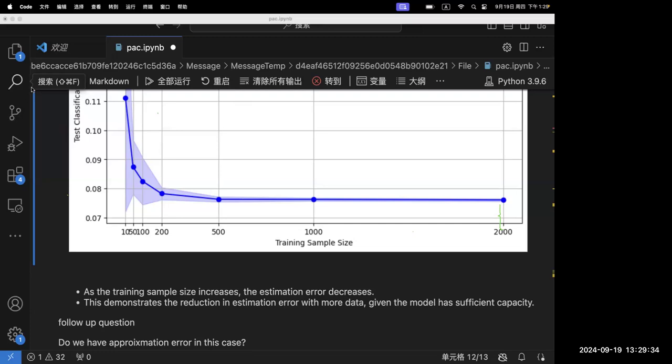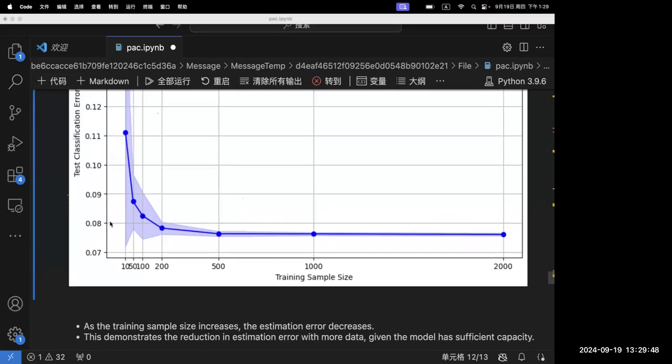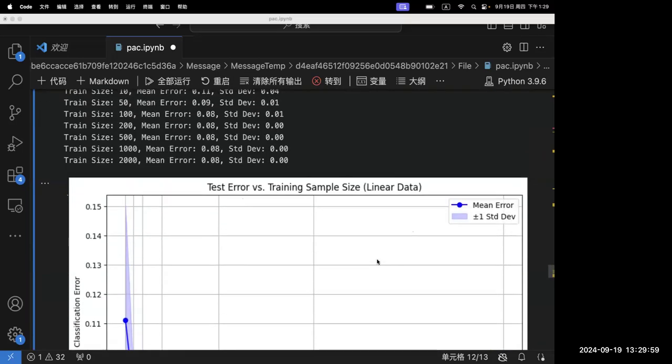Even though the target concept corresponds to the best possible decision rule you can have, it is not error-free. So in certain cases, even the optimal decision rule, even the target concept, will not give you zero error.